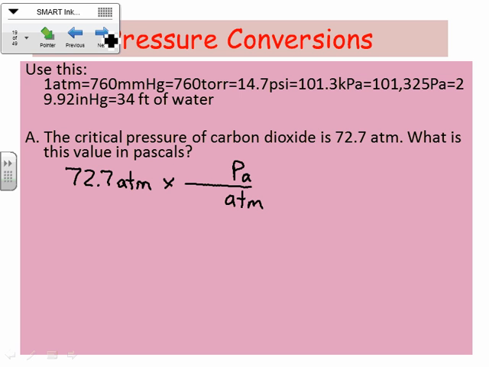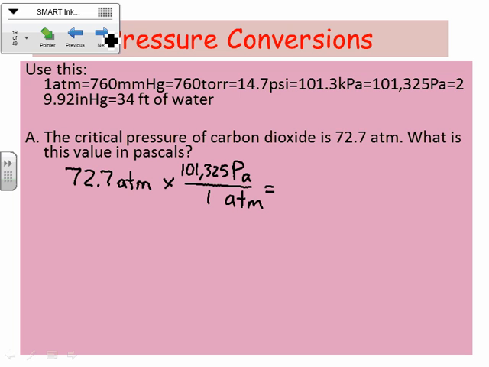So you don't really have to worry about the two-step stuff here as long as you can do this correctly. All right? So look at your sheet here. It's got all the conversions. 1 atmosphere is equal to how many pascals? 101,325. Okay?